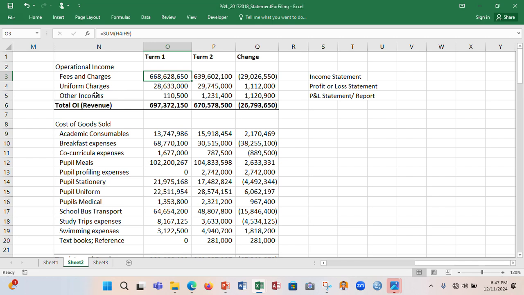Most important in these accounts is to separate accounts to make decisions better. That's why uniforms are separated from fees. And if there is money for clubs, we also separate it from uniforms. You need to see your performance. If there is transport and you're collecting money from parents paying for transport, you also include it here as revenue.